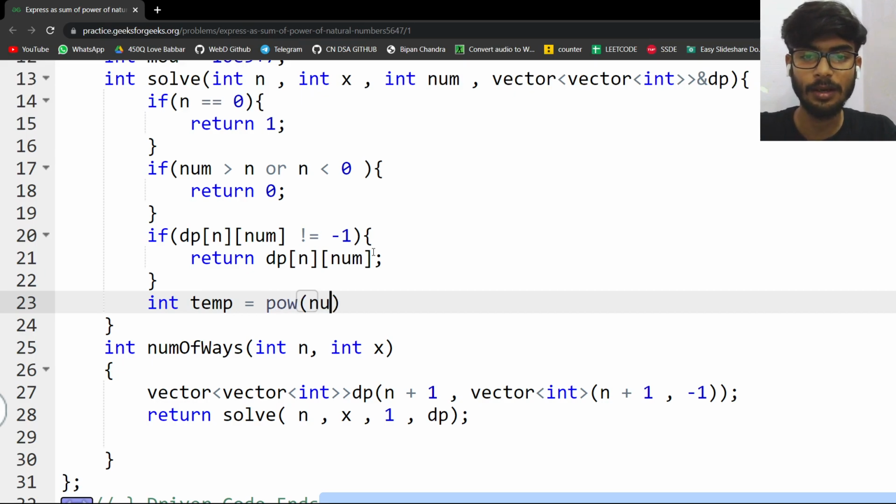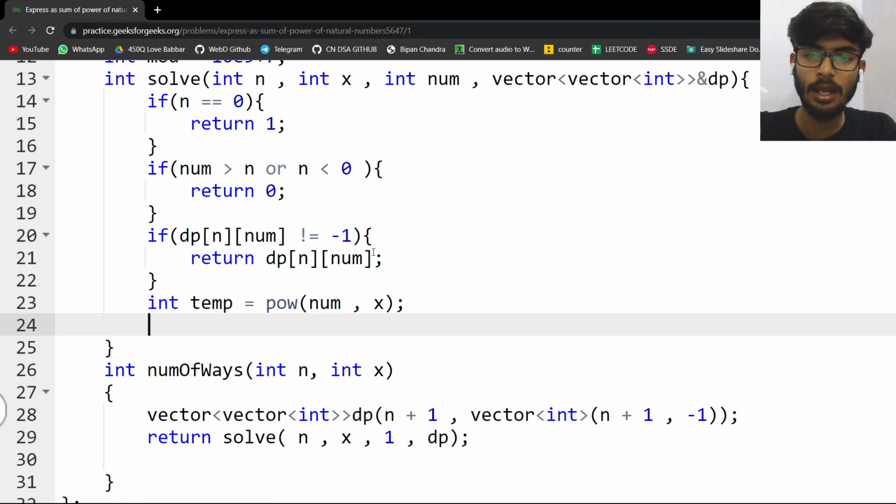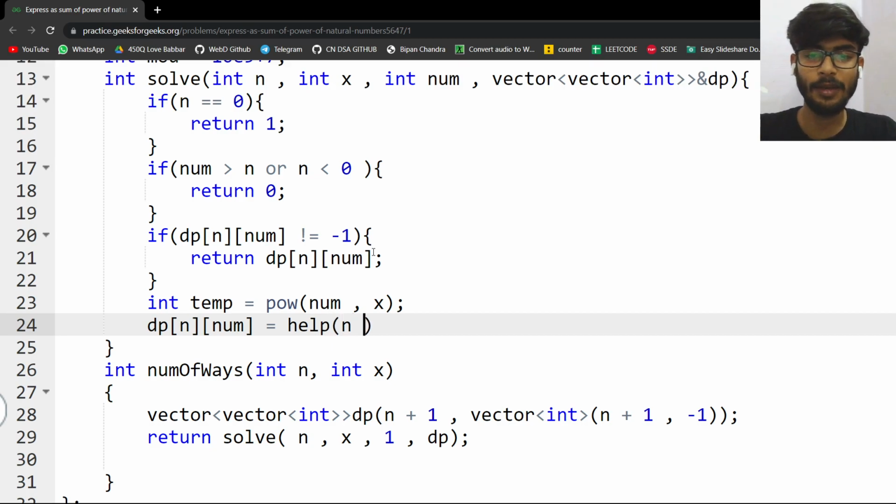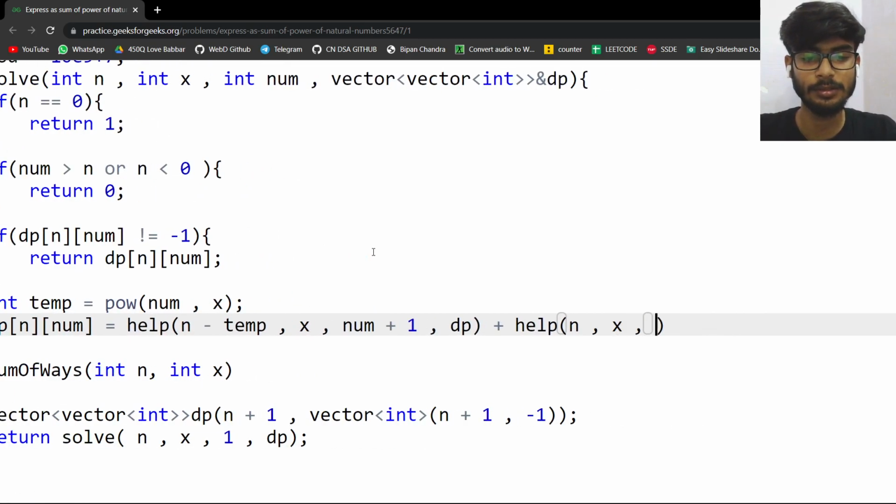Next, we calculated temp; I am going to calculate temp again, which is num raised to the power x. Now in this particular scenario, suppose we have not calculated dp of n of num, so what I am going to calculate here is dp of n of num. First two cases are there: either I take it, or I do not take it, so I am adding both the cases, meaning solve of n minus temp, comma x, comma num plus 1, comma dp, plus solve of n, comma x, comma num plus 1, comma dp.